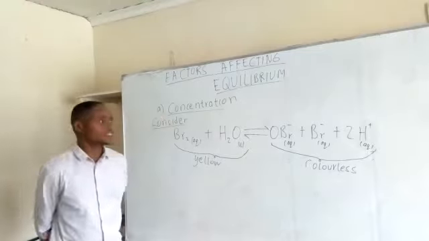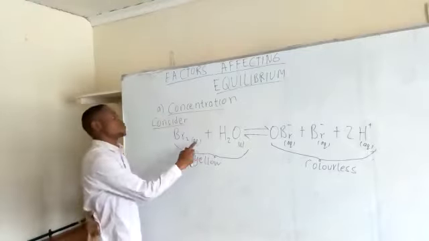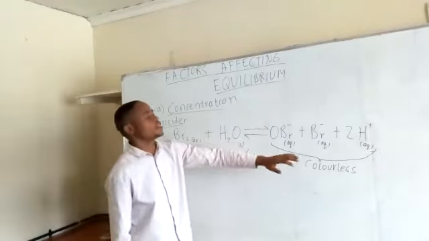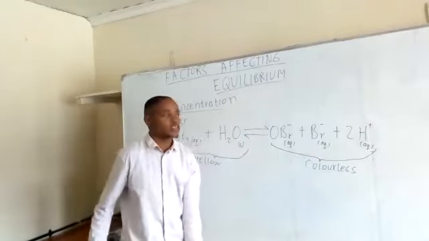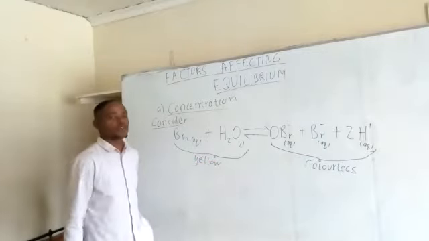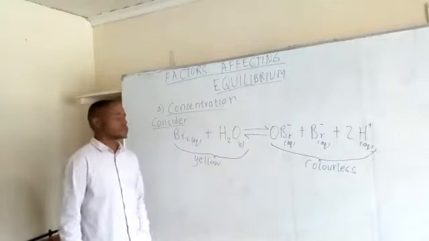I want us to consider a reaction between bromine and water to form our products here, the hypobromide, the bromide ion, and the hydrogen ion. So this is an equation of formation of the bromine water.